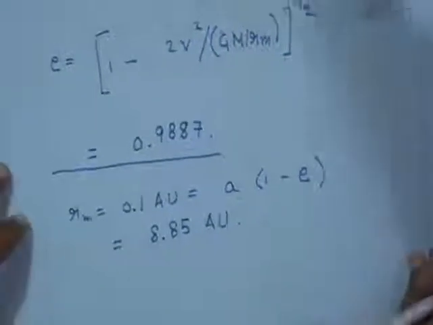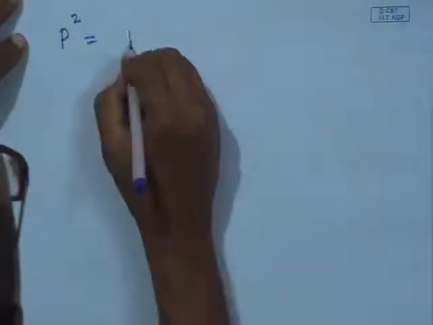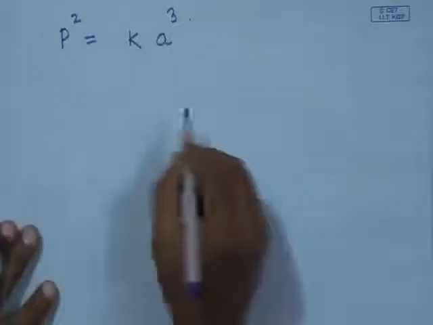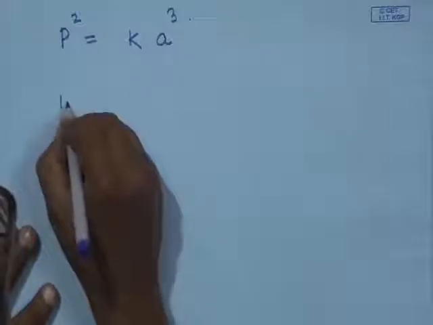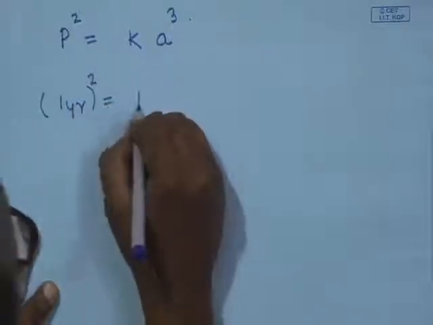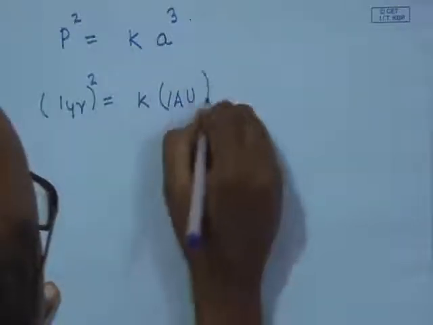We have to next determine the period. We know that the period square is equal to some constant into the semi-major axis cube. We also know that for the earth the period of 1 year square is equal to the same constant into 1 astronomical unit cube.